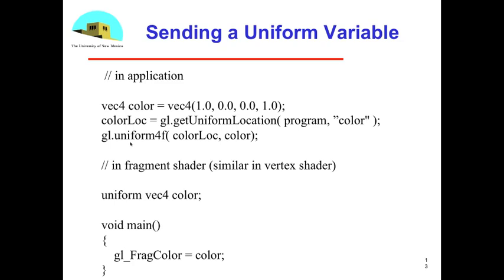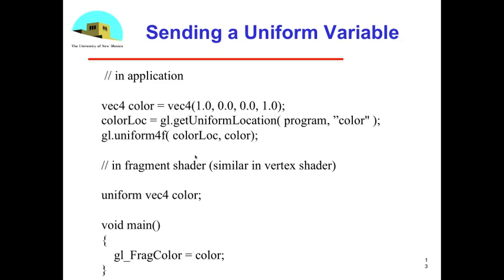There's a form of glUniform for each type of thing I'm sending over. So this is, say, I'm sending over a 4-element array, and each element is a floating point. There's glUniform 2s, 3s, and 4s. There's glUniformMatrix for sending matrices over. F is for floating point, I is for integers, and so on.